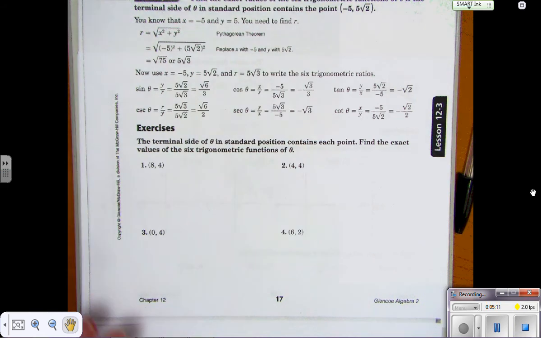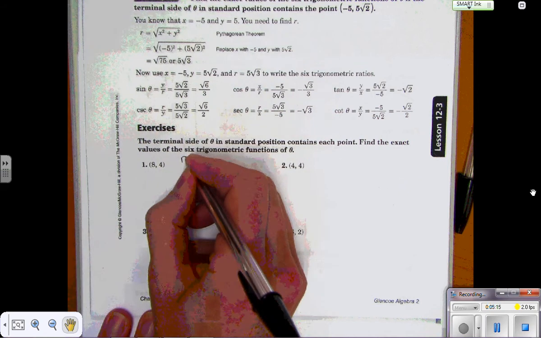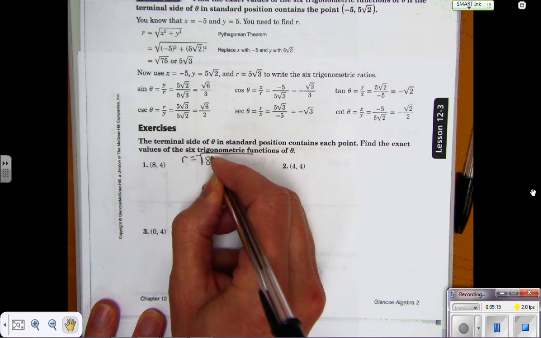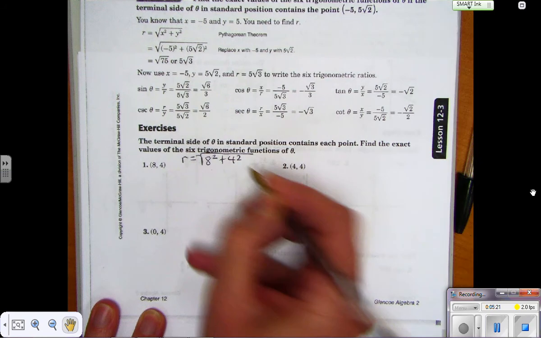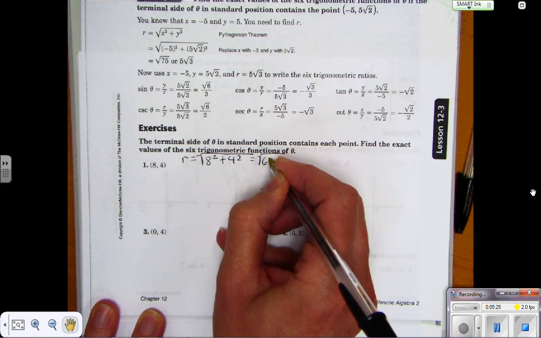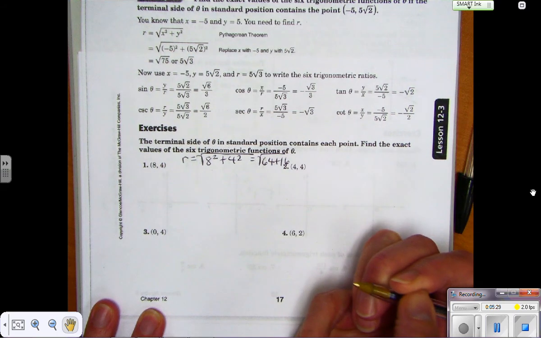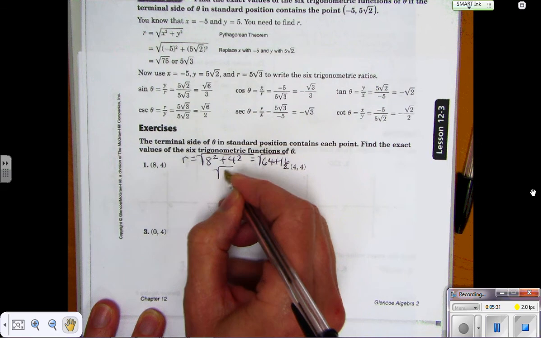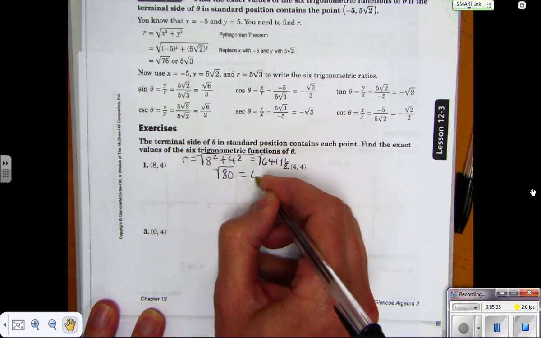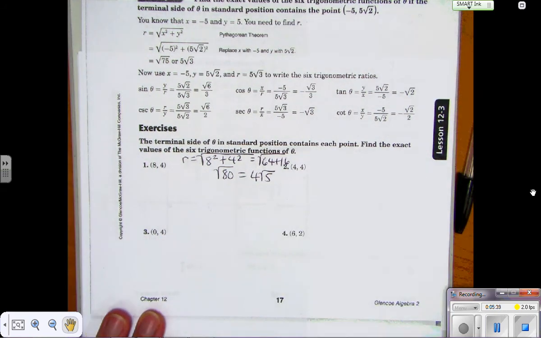The first thing we need to do is find the value for r. r is the square root of 8 squared plus 4 squared. That's the square root of 64 plus 16, so that's the square root of 80. When you simplify that, you get 4 radical 5. That's your r value.